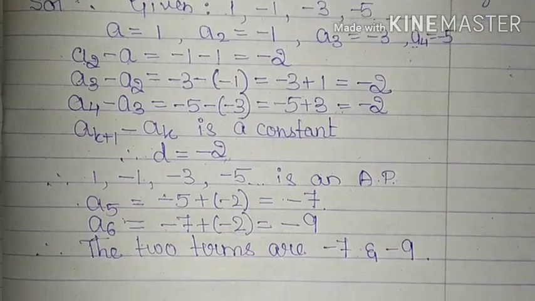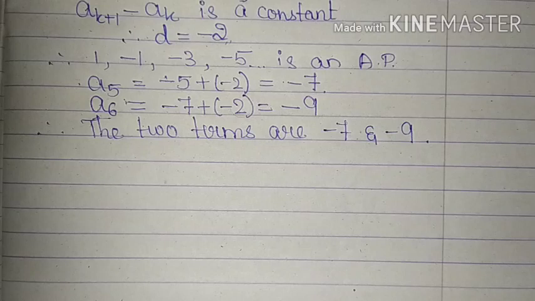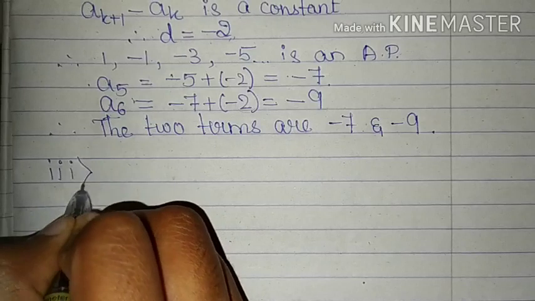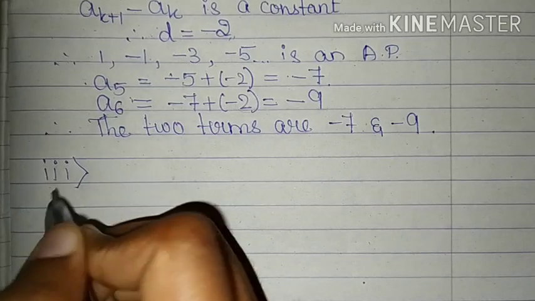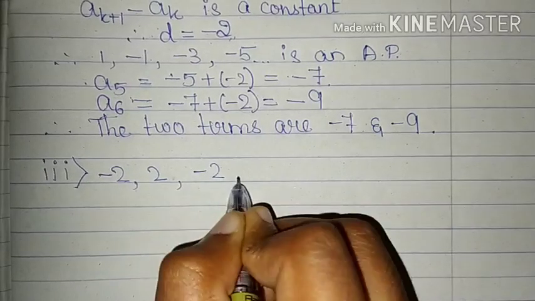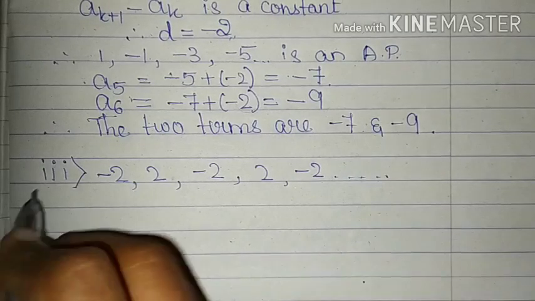Right. So now what I want you to do is, I'll give you two more lists of numbers. You should pause the video and find out whether those two lists of numbers form an AP or not. First write down the lists here. The third list of numbers is minus 2, 2, minus 2, 2, minus 2 and so on. This is the third list.